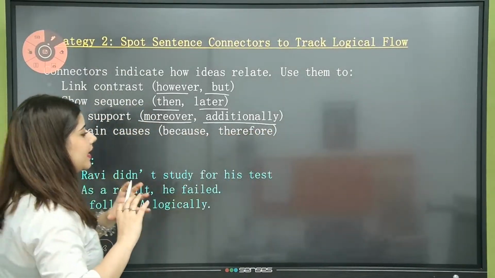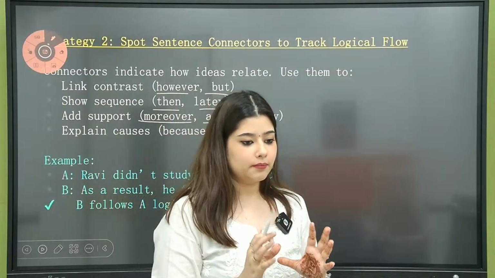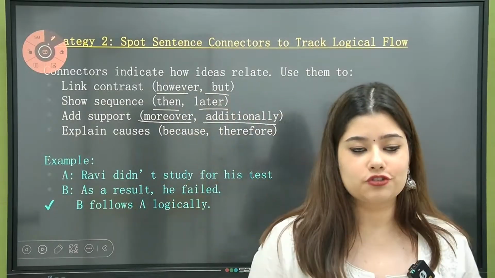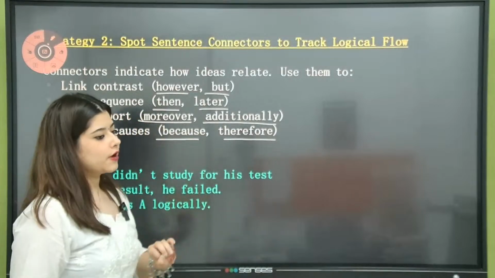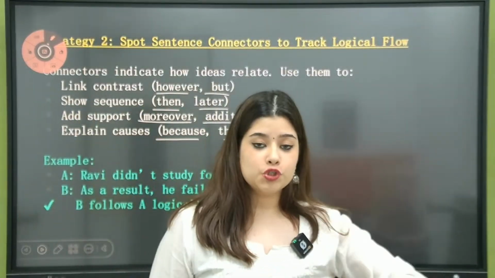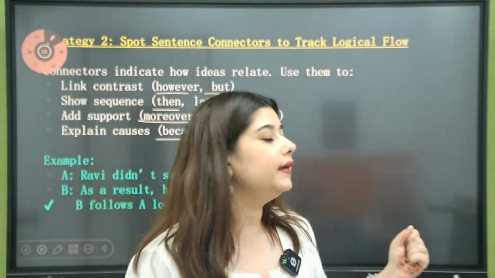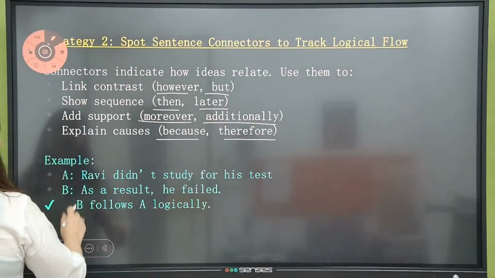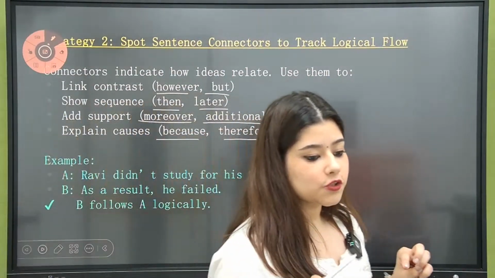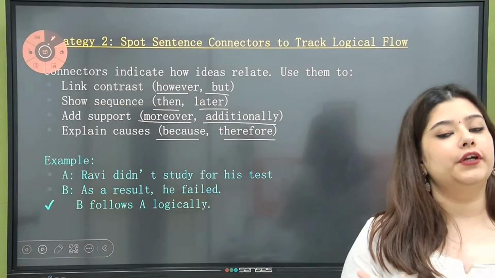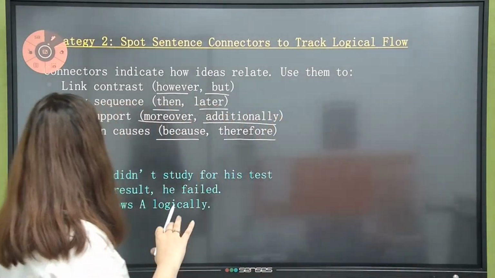And when you're explaining causes, when you're determining a cause and effect relationship, you tend to use words like because, therefore, as a result of which, so, right? So, again, you need to look at these keywords. They could act as good clues in determining the sequence of different sentences.